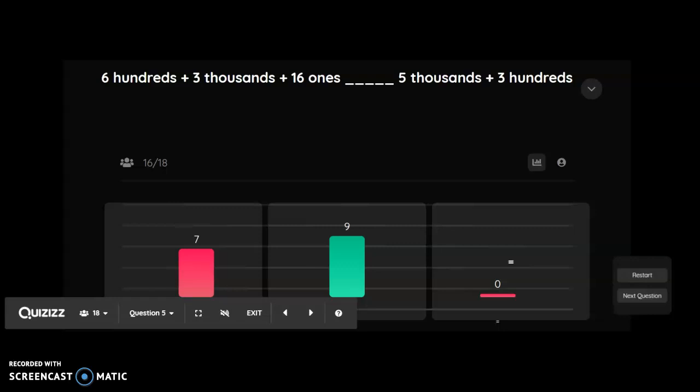Because the number is 3,616. Mm-hmm. And the other one is 5,300. 3,000 is less than 5,000. Very good. The first number in standard form is 3,616. And that's a lot less than 5,300. You have to pay attention to your units, guys. That's really, really important.